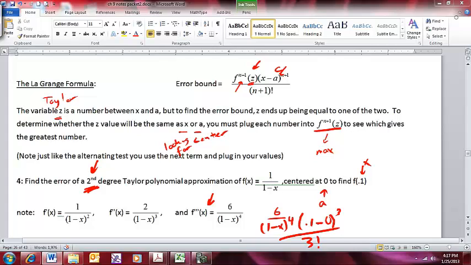Now the question is, what do I put in here for this x? Technically, based on the equation, it should be z. I need to figure out whatever number is going to make this the biggest.